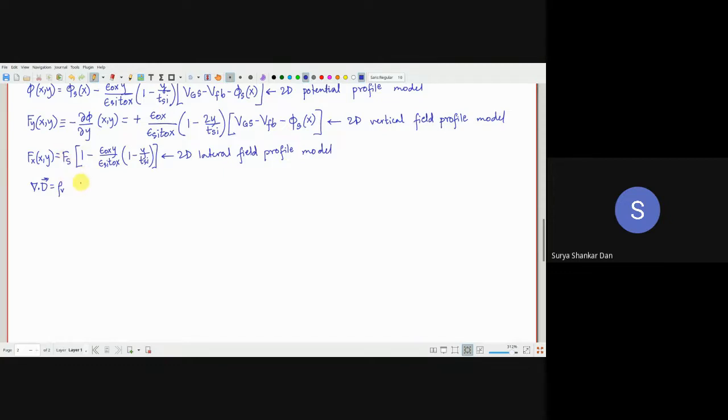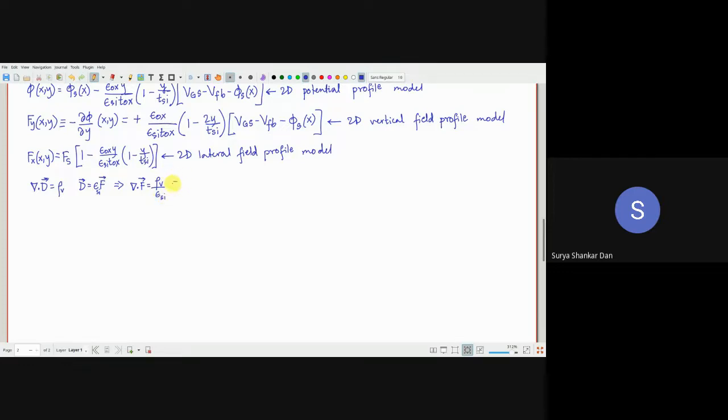Remember that D is equal to epsilon times the field F. This implies the divergence of F. Now these relations are universal. In our work, we are essentially dealing with epsilon silicon only, correct?